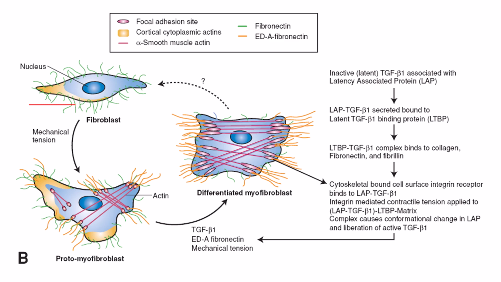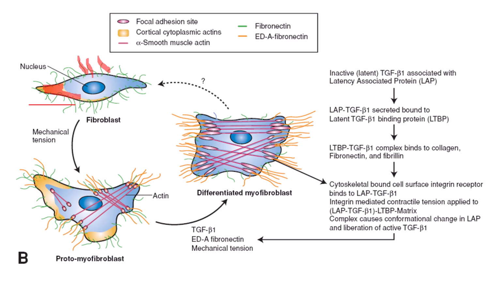These green threads are fibronectin, and there is presence of cortical cytoplasmic actin, that is this orange area. So no prominent alpha smooth muscle actin is seen at this stage.